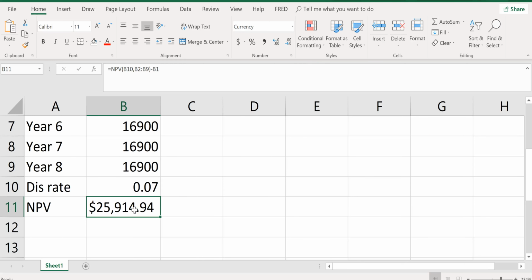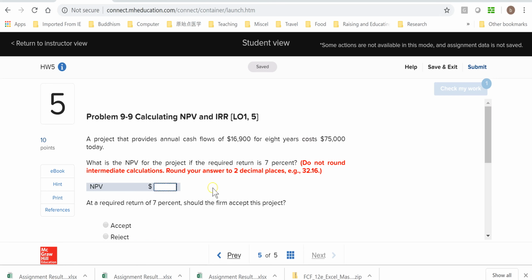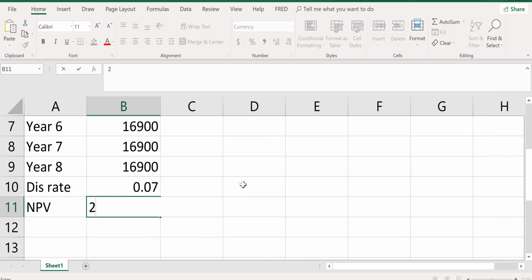Otherwise, you have to change the format of the cell to be consistent with the rounding requirement. So the NPV is 25914.94. And so that's one way.